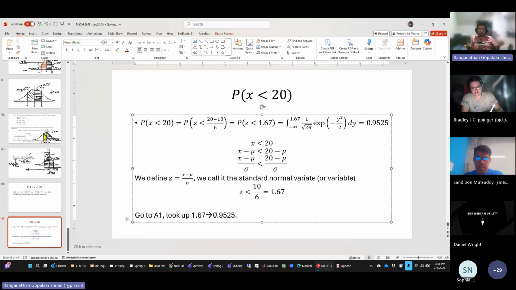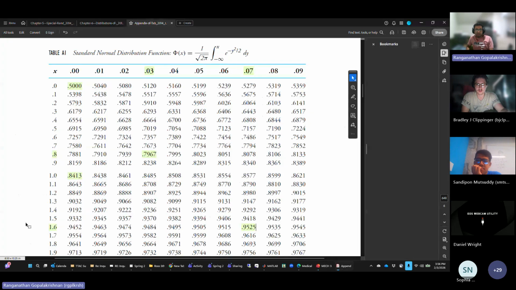Are we all good? We have 9 more minutes, maybe squeeze in one more problem. How did you know to look in the 0.7 column? Because I want 1.67. I know there is 1.6, and if I want 1.67, it's the way they have presented the data.